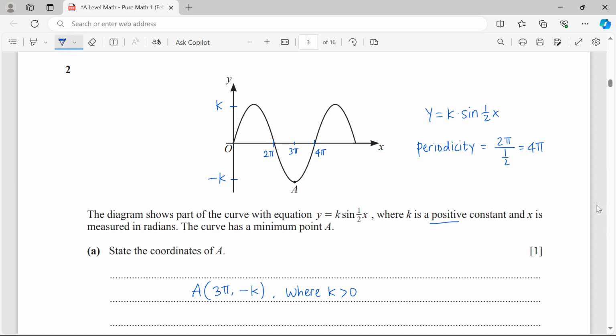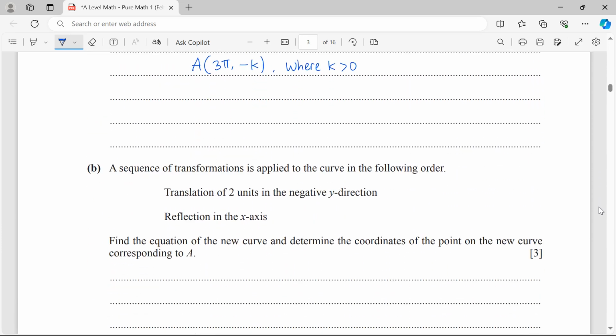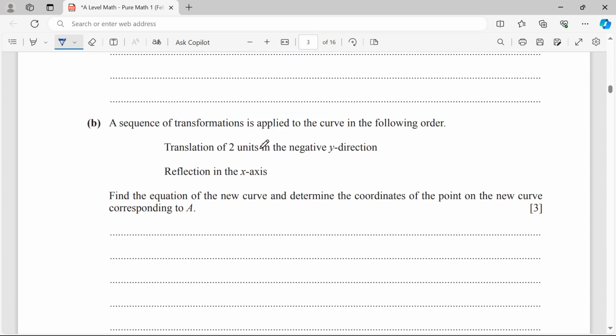Now we continue to question B. For question B, a sequence of transformations is applied to the curve in the following order. The first one we have translation and the second one reflection. Find the equation of the new curve and determine the coordinates of the point on the new curve corresponding to A.